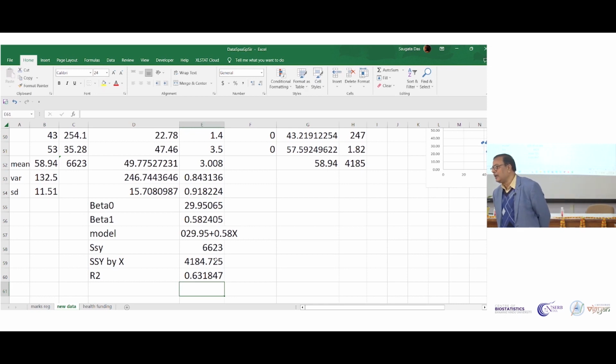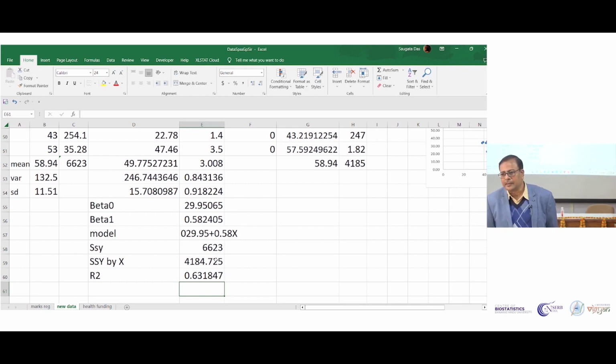We make a null hypothesis with assumption that beta 1 is equals to 0, means predictor is not related with dependent variable. Okay.